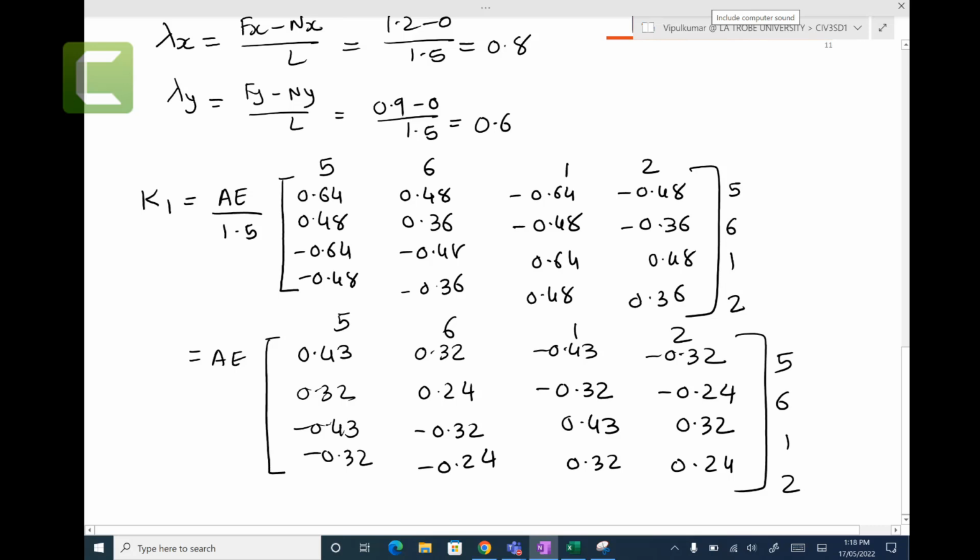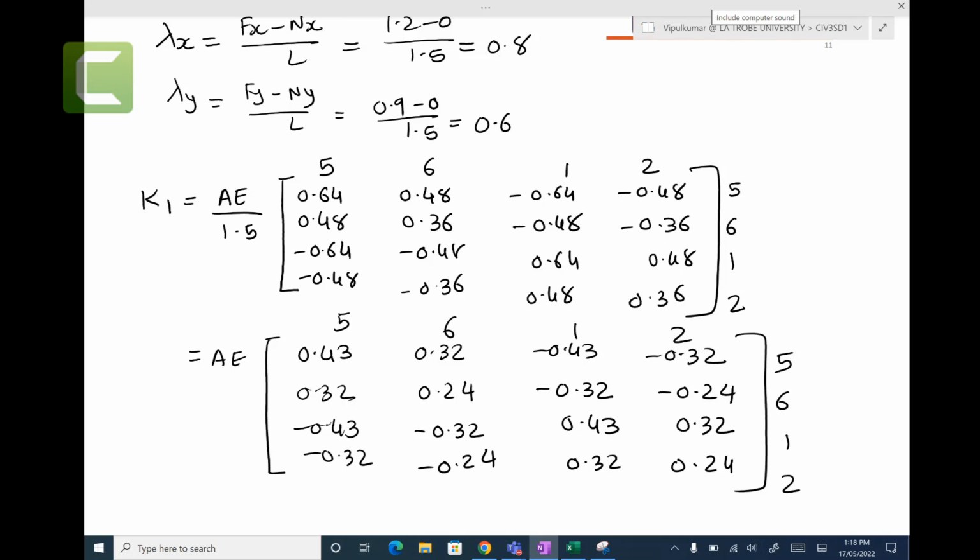I just divide the whole thing by 1.5 and make sure these rows are the same as this one. This chunk of numbers is the same as this one. This is a symmetric matrix.